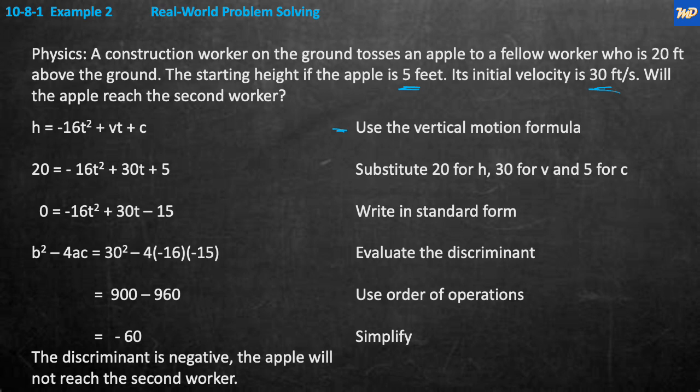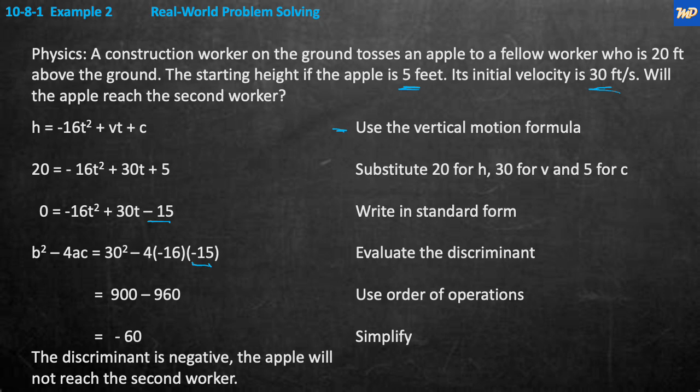So now that we have that, we're going to put it into standard form. So it's 0 is equal to minus 16t squared plus 30t, and we had a plus 5, and now we have a minus 20 because we had to subtract 20 from both sides. So now we have a minus 15 right here. Negative 15. Okay, now we've got this negative 15 in the equation.